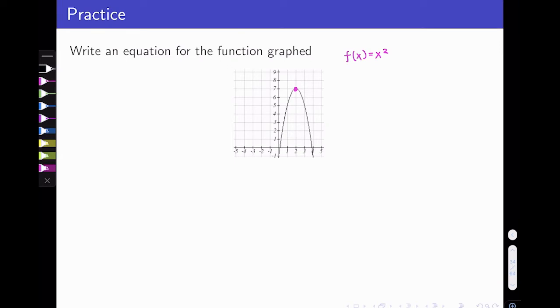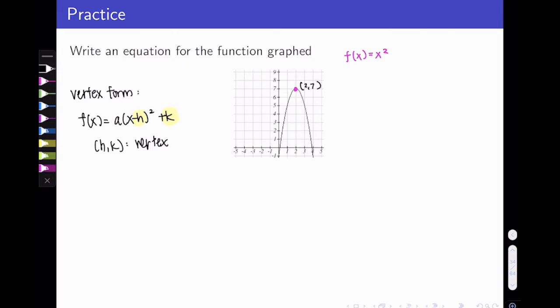Another way to think about this would be to look at the vertex form, which is f of x equals a times x minus h squared plus k, where h and k are the vertex of the parabola. So the vertex of this parabola happens at (2, 7).